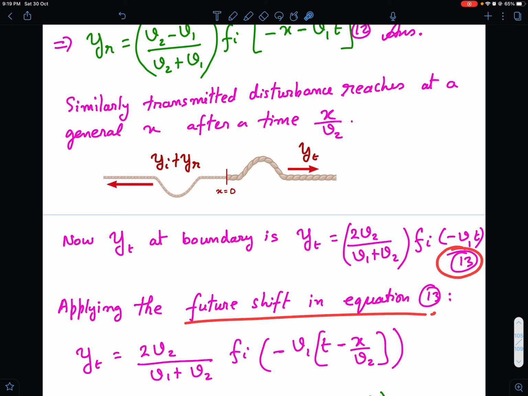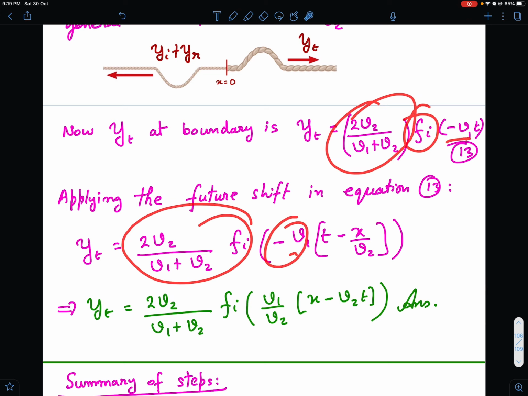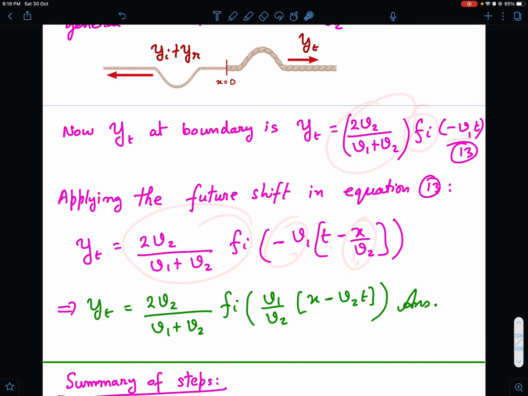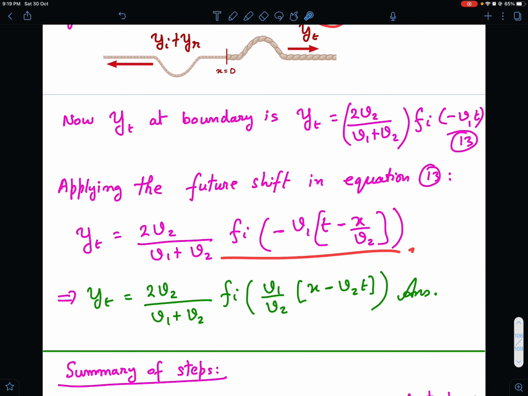Okay, fine. Now we have to apply future shift in equation 13. And how much future shift? We have to future shift it by x upon v2. So the 2v2 upon (v1 plus v2) fi comes as it is, and this minus v1 comes as it is, and instead of t I have put t minus t naught, which is x by v2. So I have shown that the future shift is x by v2.